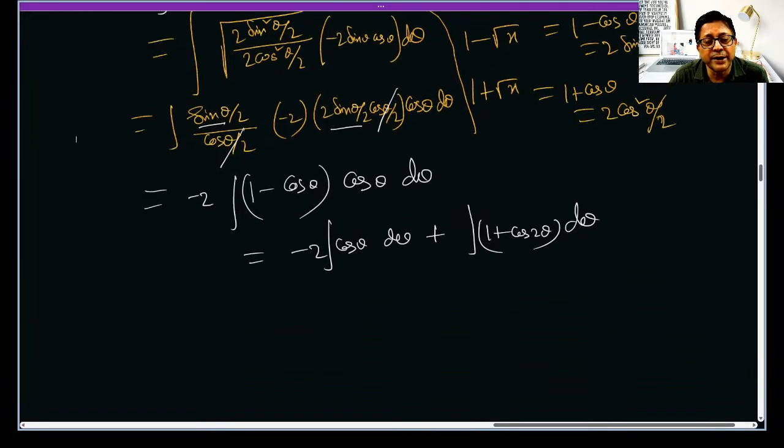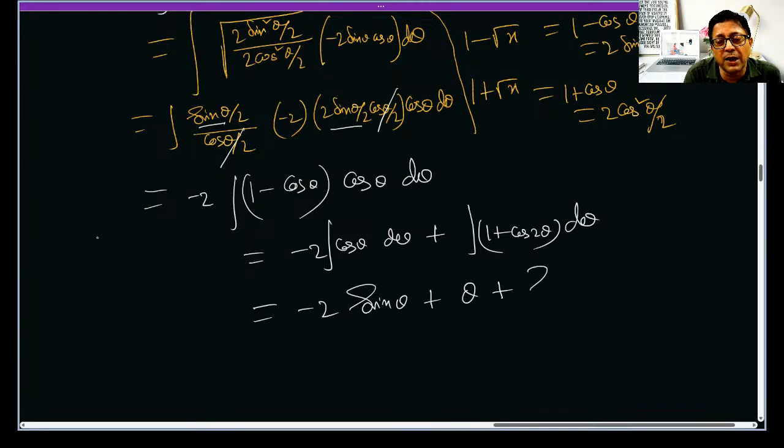So there will be minus 2 sin theta plus theta plus sin 2 theta by 2 plus c.